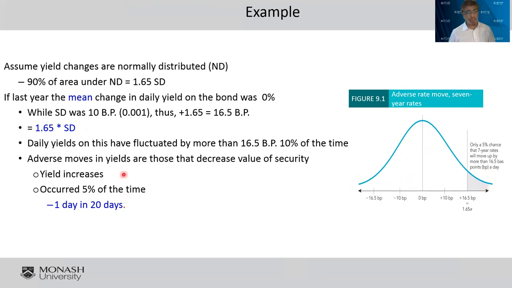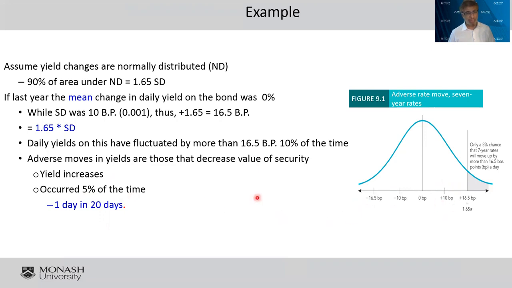So the adverse moves in the yield are those that decrease the value of the security. So we are not interested in this area. We are actually interested in this area, which is the adverse move. Because if there is an increase in the yield, the price of the security will drop, and this is very normal. So our concern is the yield increases, and it occurred 5% of the time. Why 5% of the time?